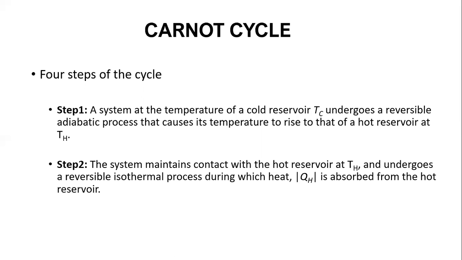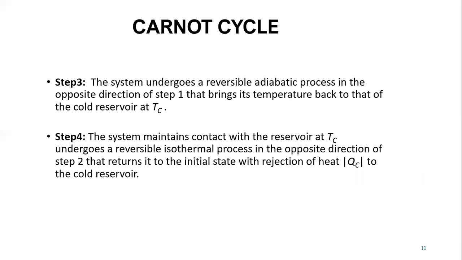For step 2, the system maintains contact with the hot reservoir and undergoes a reversible isothermal process in which heat QH is absorbed from the hot reservoir. For step 3, the system undergoes a reversible adiabatic process in the opposite direction of step 1, which brings its temperature back to that of the cold reservoir, TC.